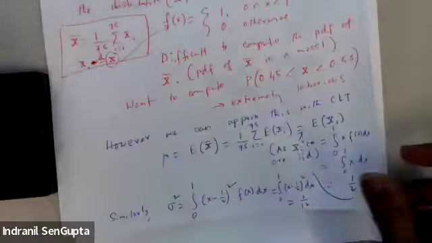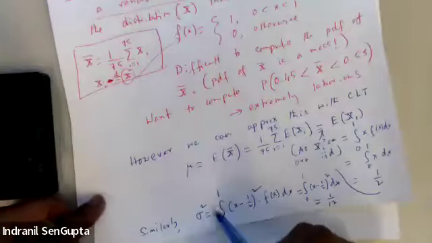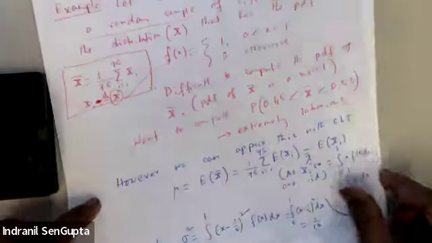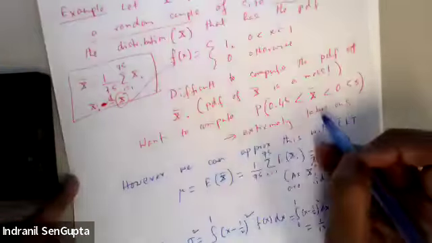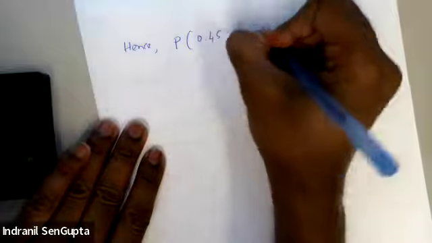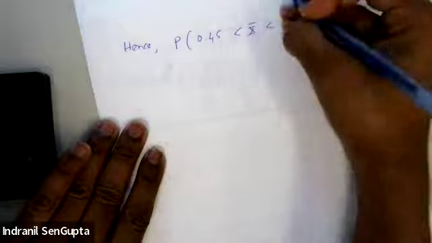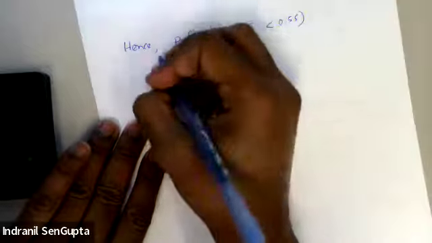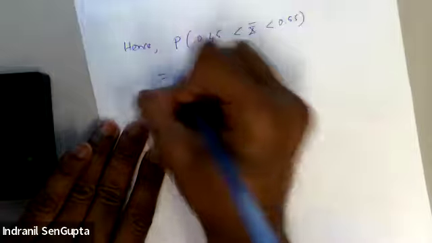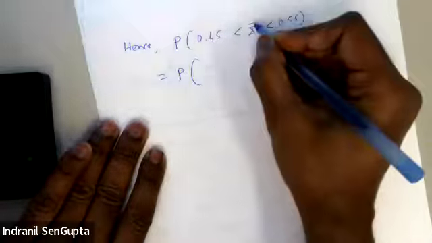Okay. So we found mu and sigma squared, and then I can use the large sample approximation for the probability that we are trying to compute. The probability of 0.45 less than x bar less than 0.55: first, let's convert this with the appropriate mu and sigma.